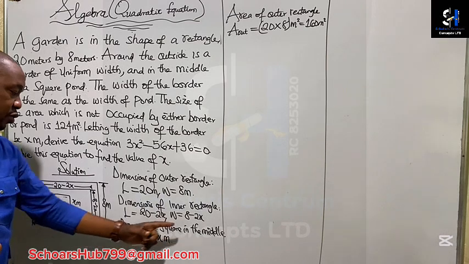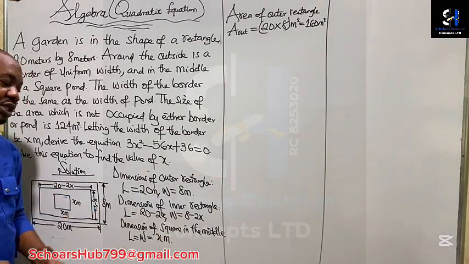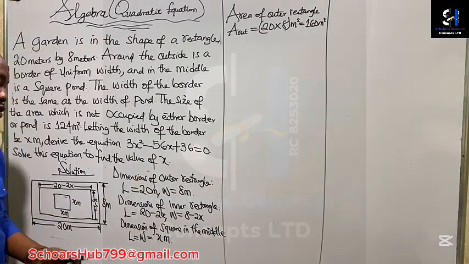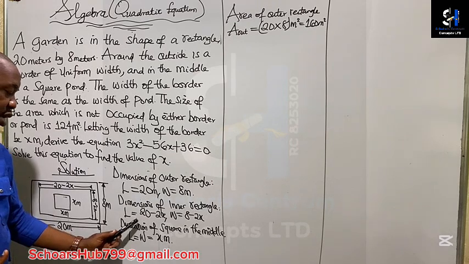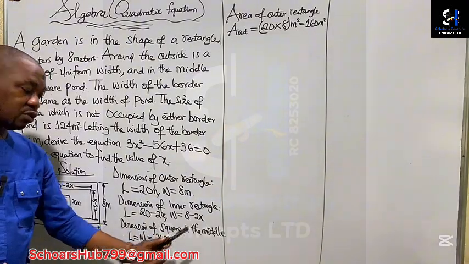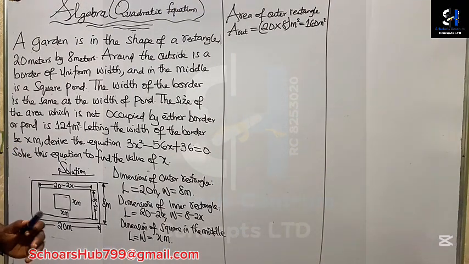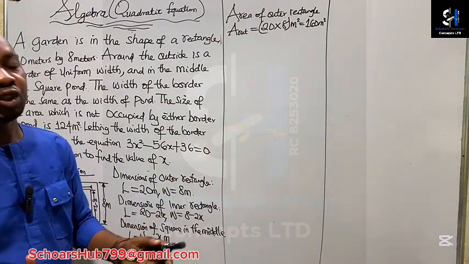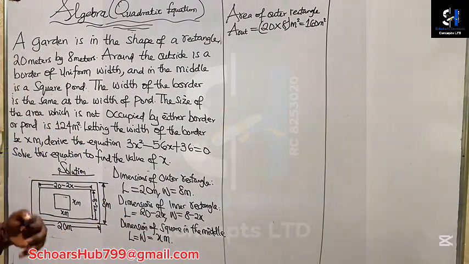It's not possible for us to get the value for the dimension of the inner rectangle, because we have 20 minus 2x as the length and 8 minus 2x as the width. So we can only write an expression for the area of the inner rectangle.